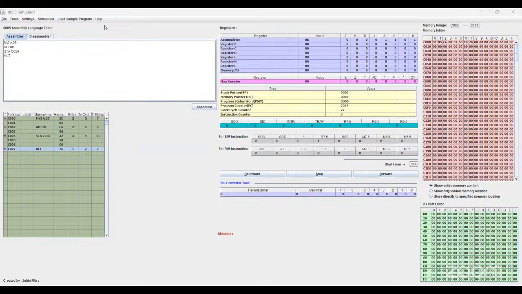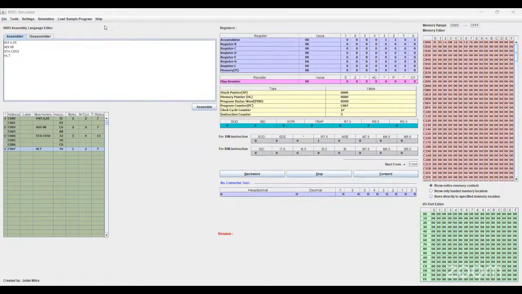Then DCR. Similar to INR, this is the decrement. So a number will be decremented by 1. Any memory or any register contents will be decremented by 1. So DCR, DCR M: the contents are decremented by 1.